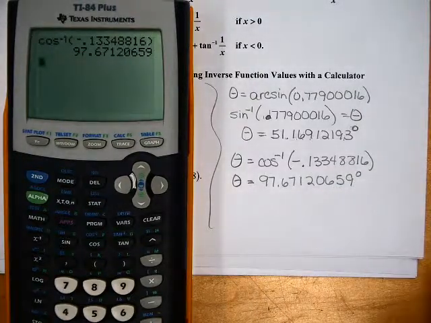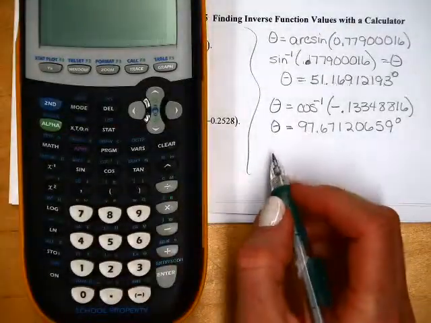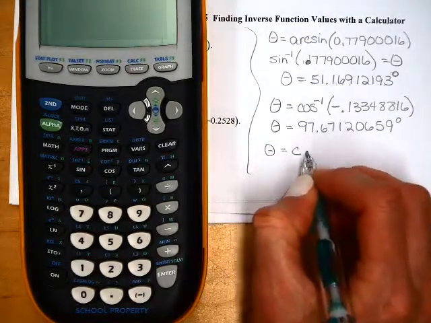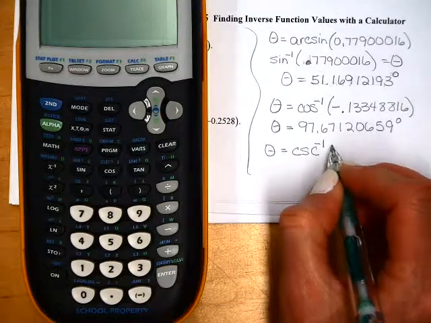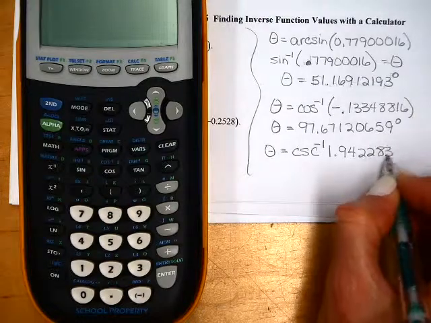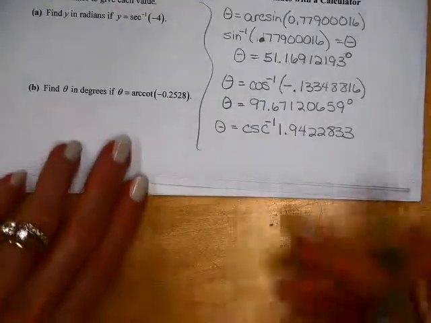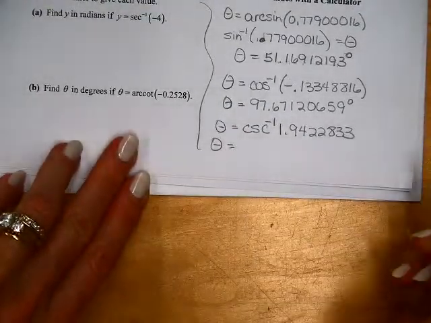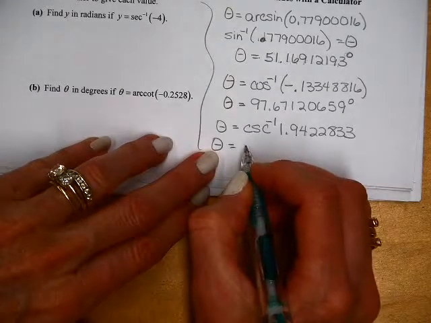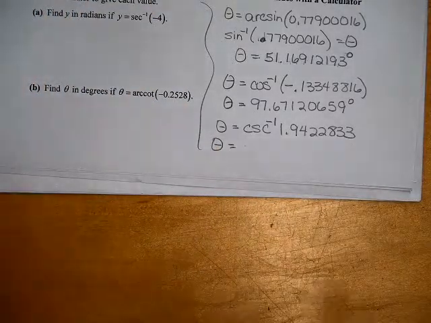In degrees. Alright, but what if the function is not on the front of your calculator? What if it is like an arc cosecant? 1.9422833. When your function is not on the front of your calculator, if you can remember back when we typed this in before, it's going to be typed in the exact same way. We typed it in as, all right, the 1 divided by goes in the parentheses.